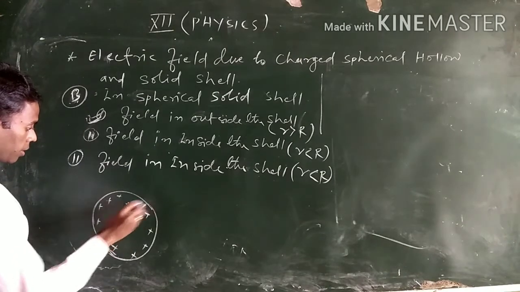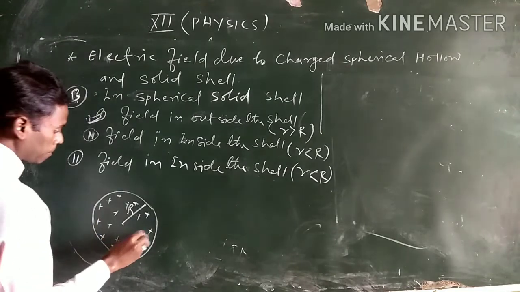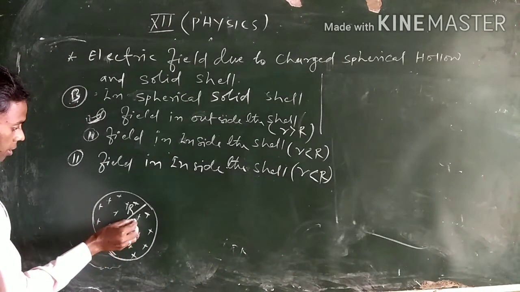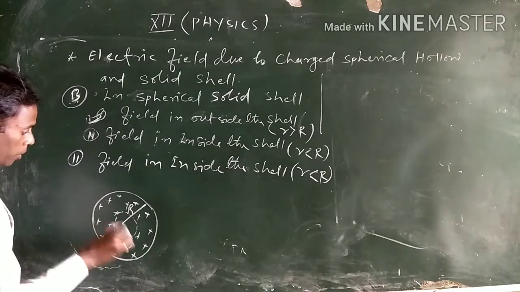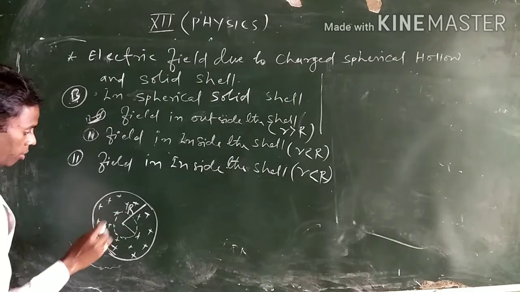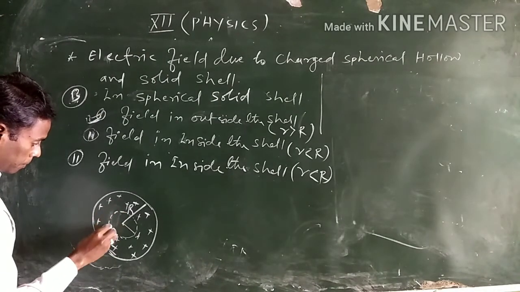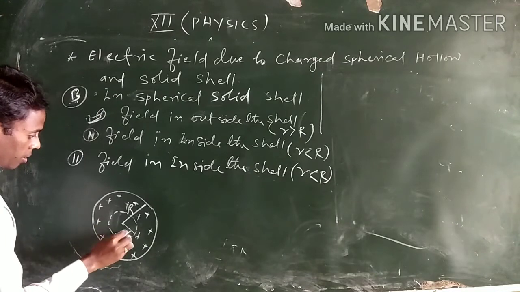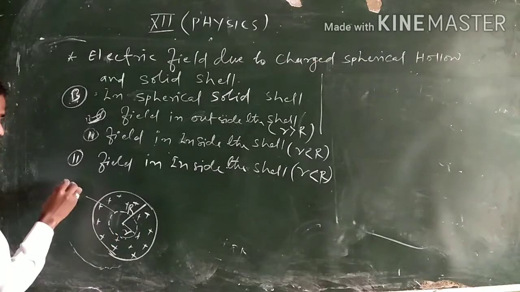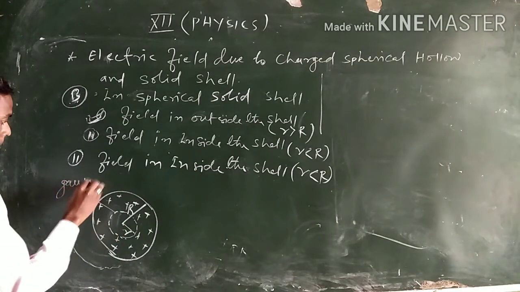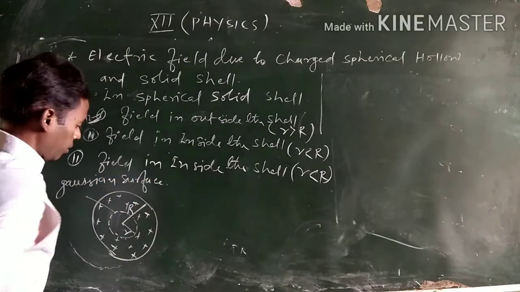Its radius is capital R. Suppose we have to take a Gaussian surface, this one, that is the small r. This is the Gaussian surface.